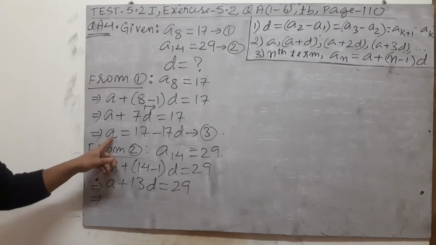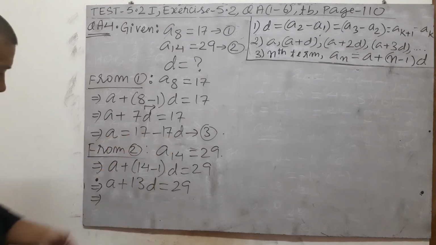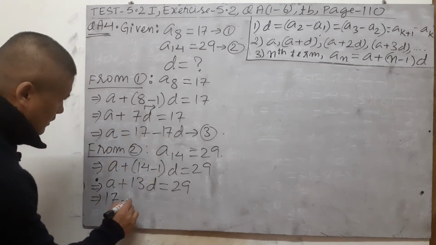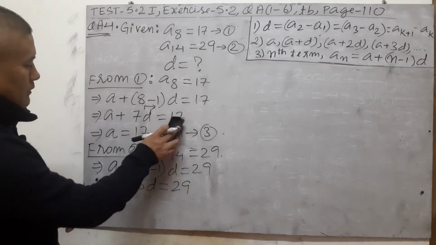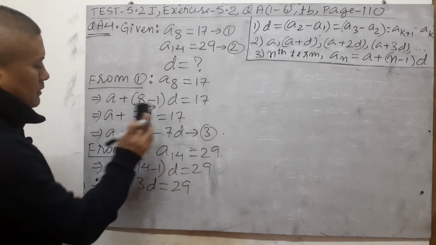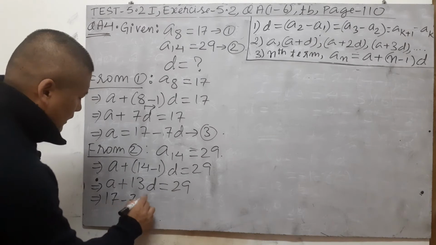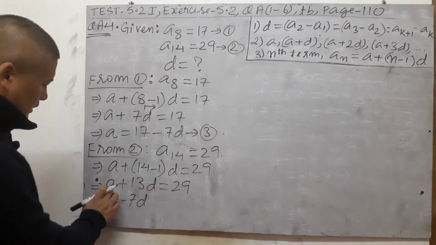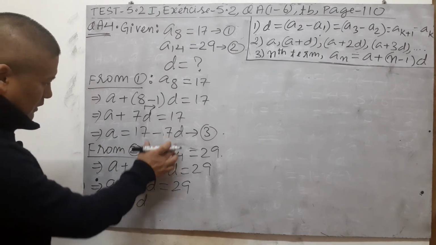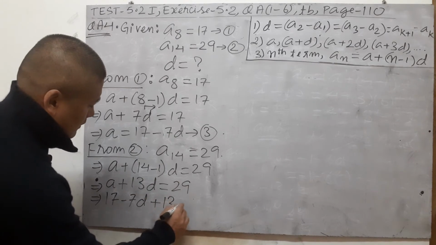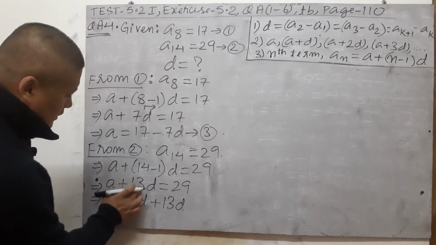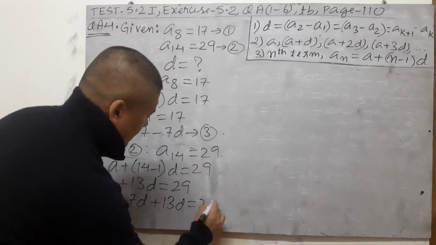This a can be replaced by 17 minus 7d, not 17, correct that. For a, replace that a by this one, 17 minus 7d plus 13d. So this a value is this, and this one equal to 29.